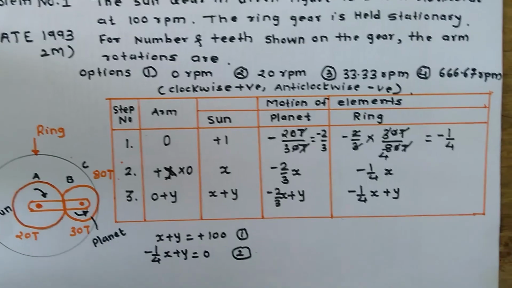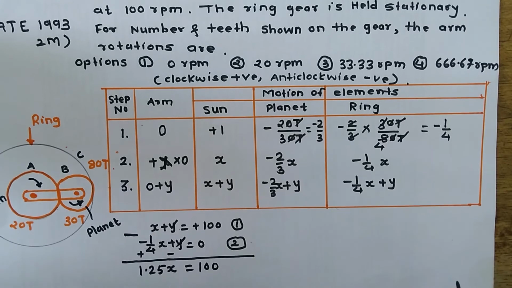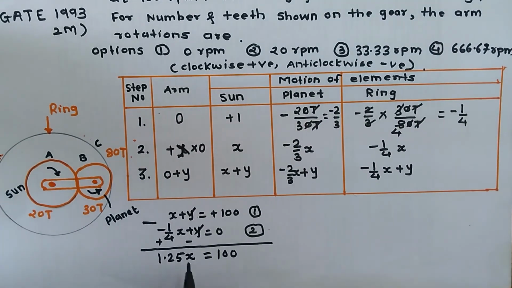If we subtract equation 2 from equation 1, the y gets cancelled. So the term becomes 1.25x = 100.